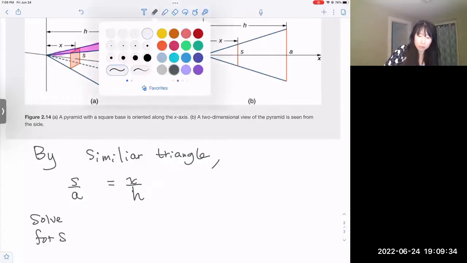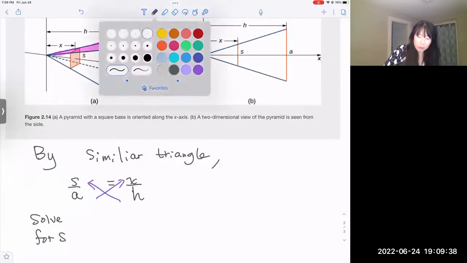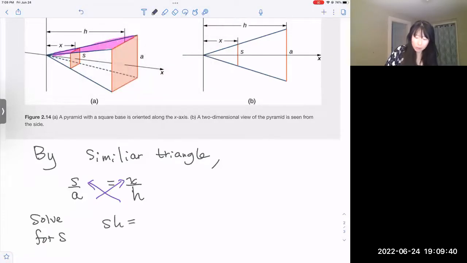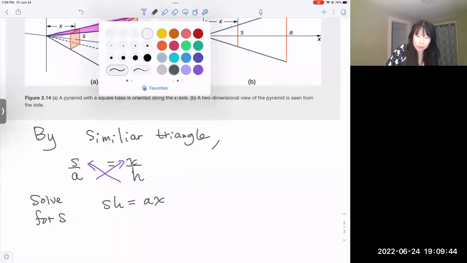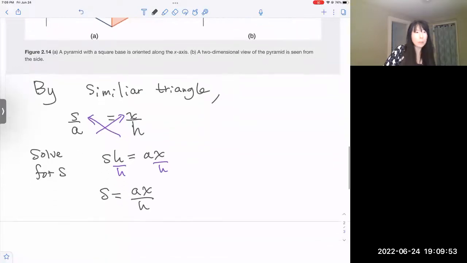Probably we do it this way, right? Multiply this one first. So we have SH equal to AX, right? Then divide by H. Then we have S equal to AX over H.